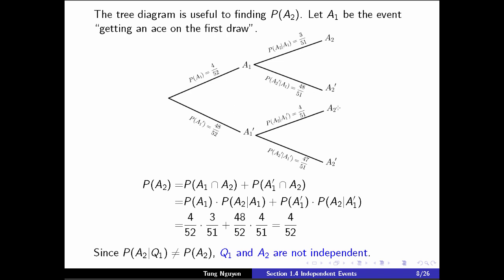We have 2 paths leading to A2, and those again are shown here. So we get 4 over 52 multiplied by 3 over 51 plus 48 over 52 multiplied by 4 over 51. And after we simplify this, again we get 4 over 52.